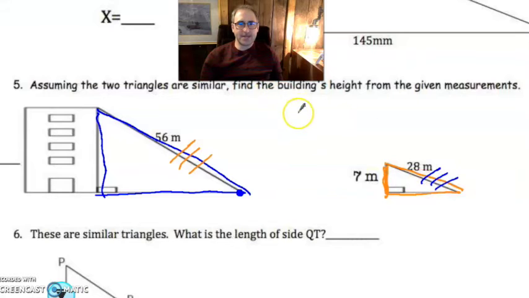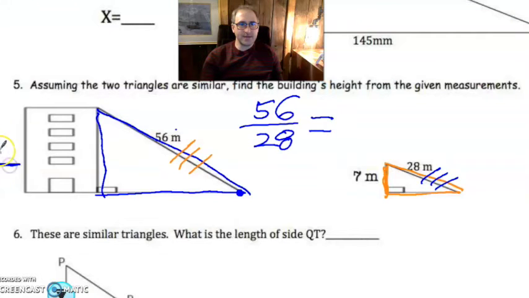So I can start by setting up my problem. First triangle, 56, over second triangle, 28, equals, what am I looking for? Oh, there's a blank line over here. Let's call this x. This is the same height as this, so I'm going to just mark it right here. This side compares to the 7, because I know the 7.